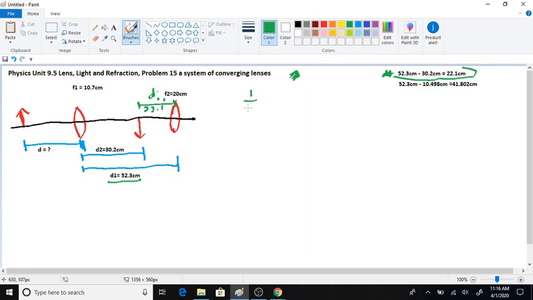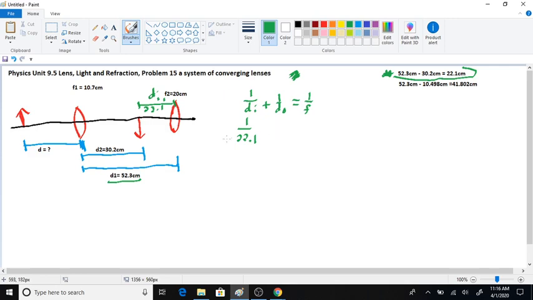Let's fill into our formula using that: 1 over di plus 1 over do equals 1 over f. So 1 over di, we do know that now, 1 over 22.1. But wait, that's an image on this left-hand side of the lens, so it's going to be virtual, right?